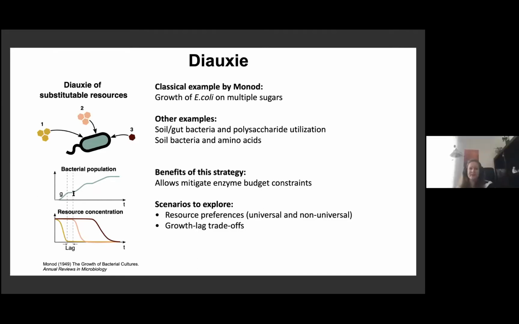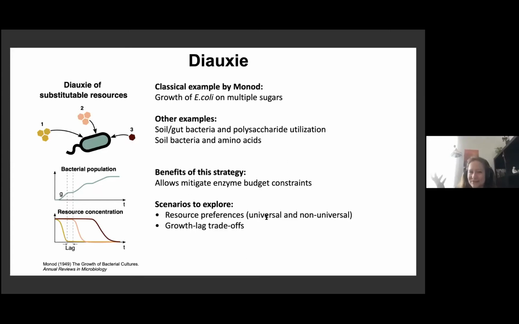And for quite some time, people were mostly working just on models, like how to properly model these growth curves and how to take into account these regulatory events. Basically, experimentally, the most interesting thing to study here is what the preferences of different microbes are. Because it seems that some preferences can be universal, like this preference for glucose, where every microbe will go for glucose.